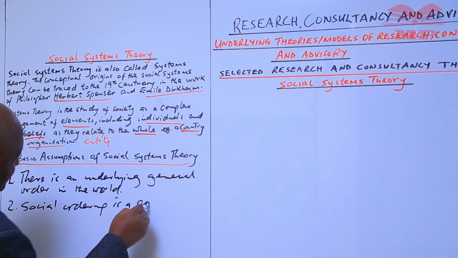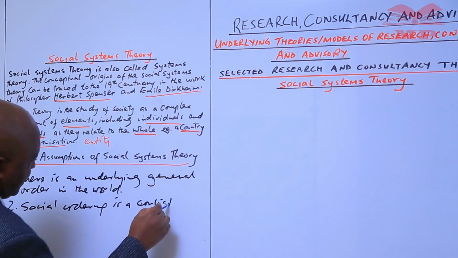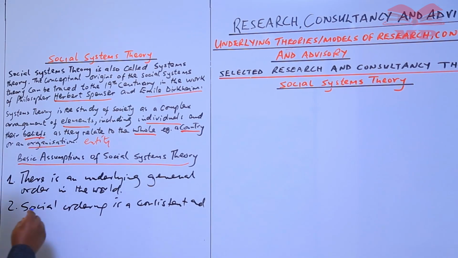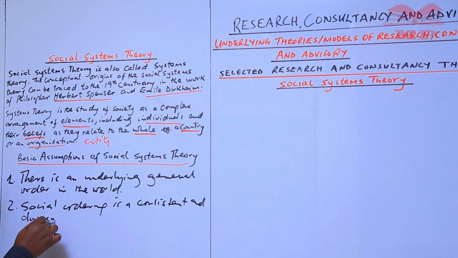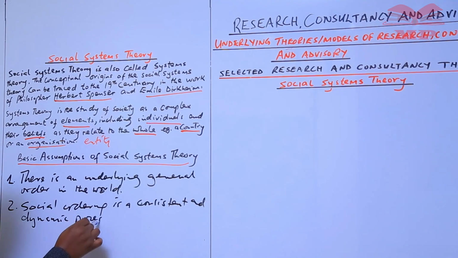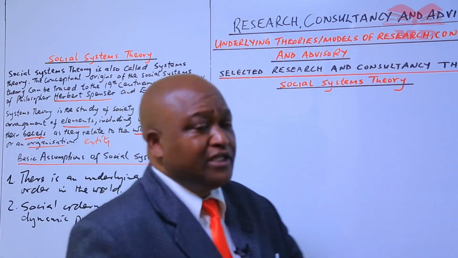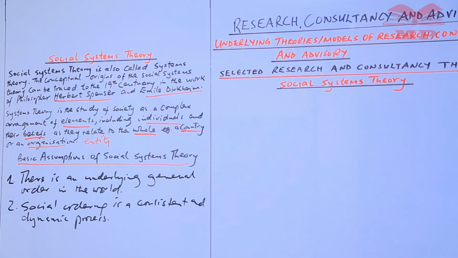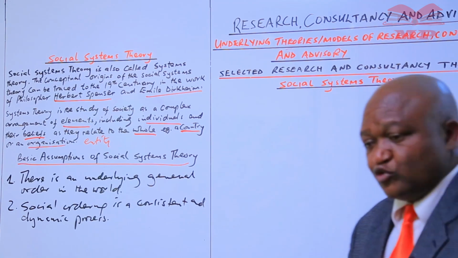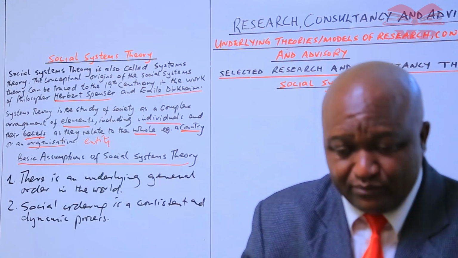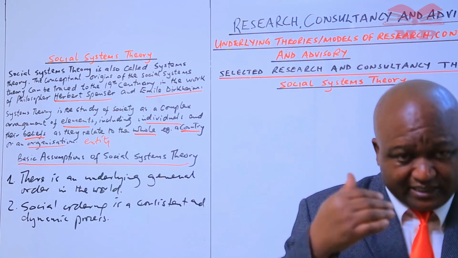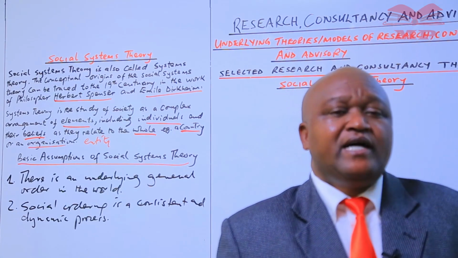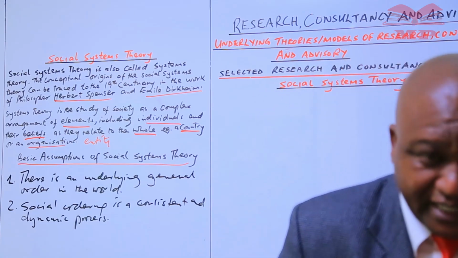What this implies is that whichever way a society or an organization is structured, there will be dynamics in terms of how order is maintained and sustained in that particular organization or entity.